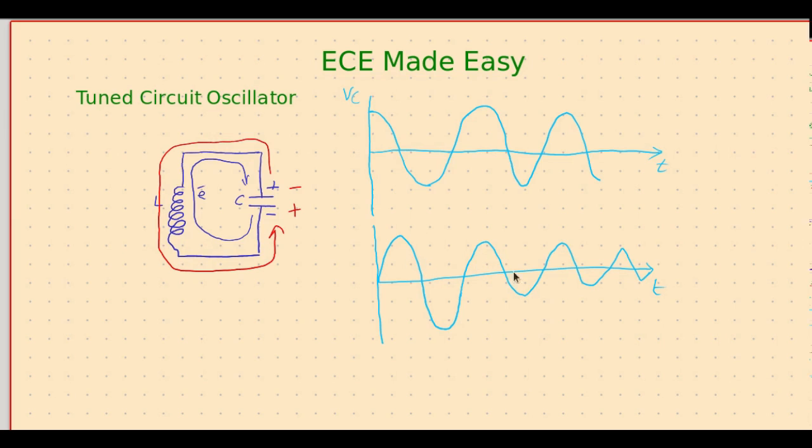There is a decay in the output, and this decay, if somehow taken care of, that is, whatever energy is lost in this process, if it is added periodically, then we can expect continuous, sustained oscillations to take place. How can that be done?